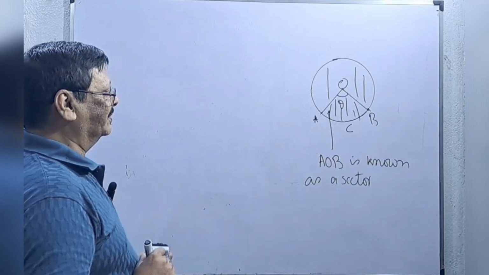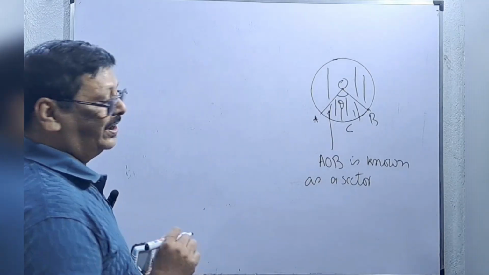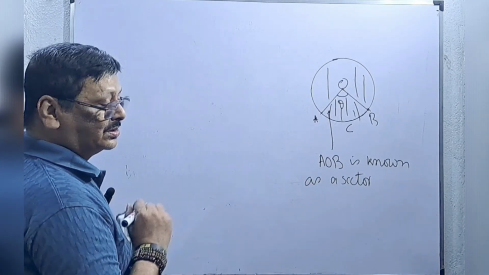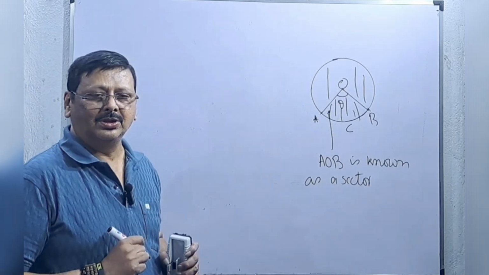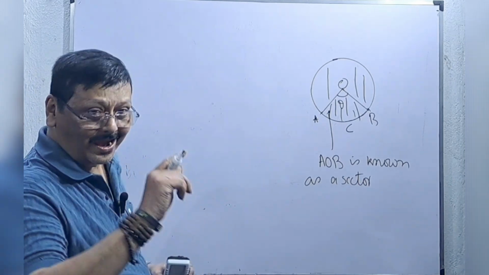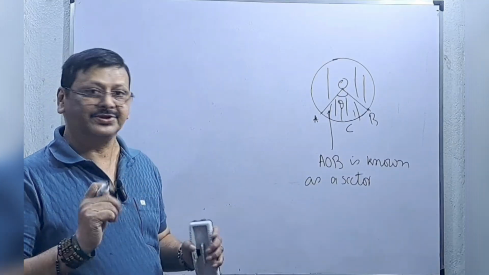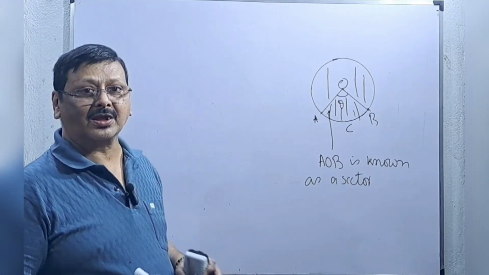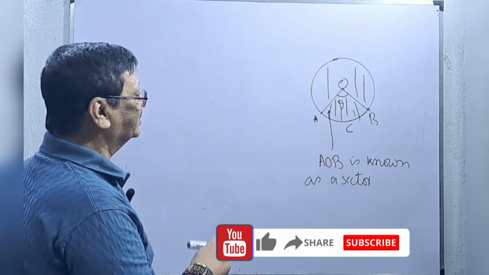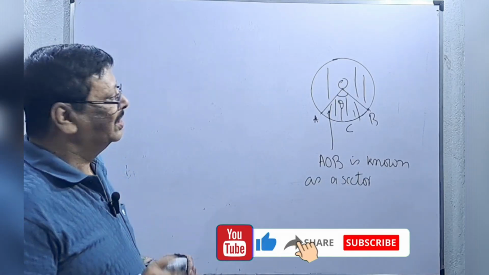Now see what is the significance. We know that the area of a circle is pi r square, meaning thereby, the angle subtended around the point is 360 degree. That means an arc of 360 degree produces an area of pi r square.